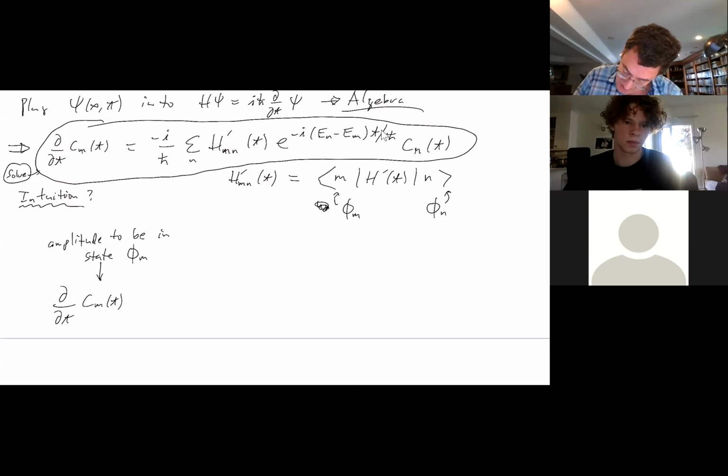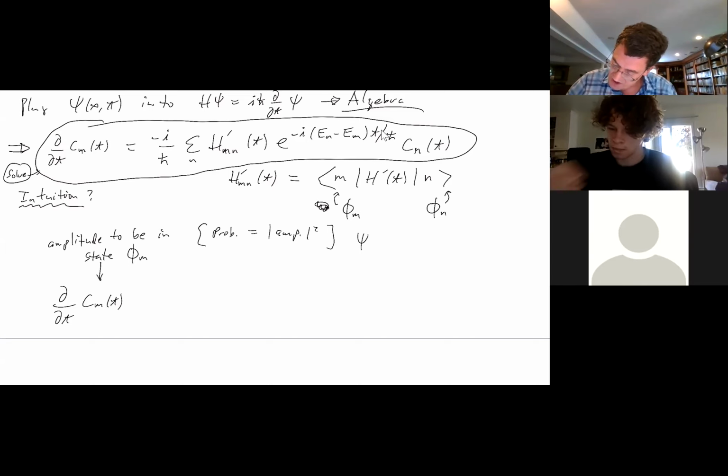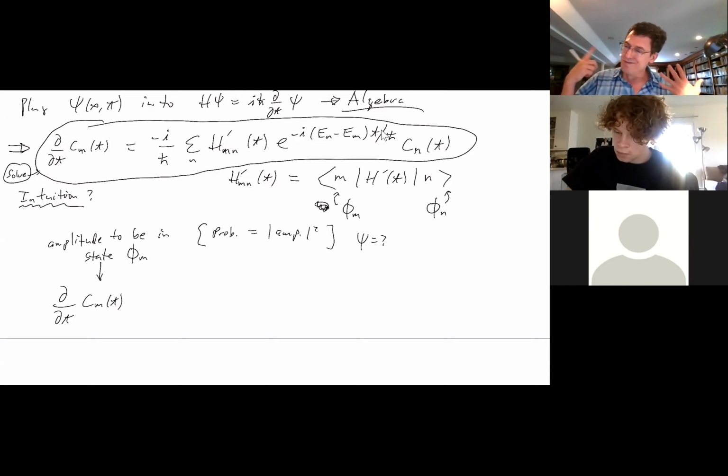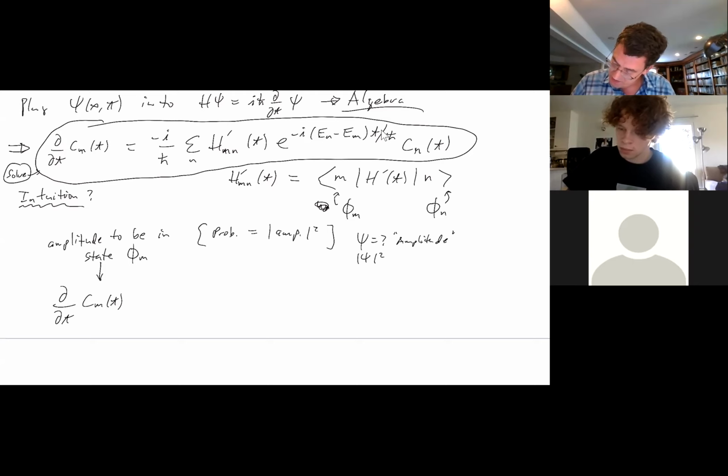And you just have to remember that probability is equal to amplitude squared. If someone says to you, what is psi? What is a wave function? Well, a wave function is amplitude. What is psi squared? Well, psi squared is probability. So probability is always amplitude squared.